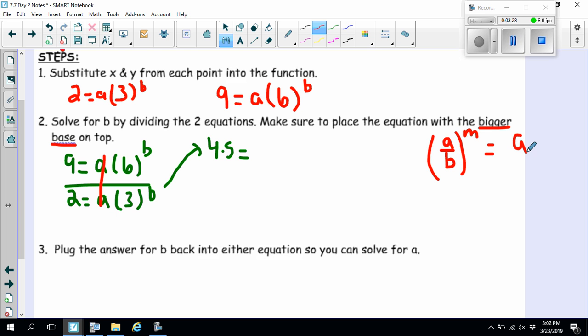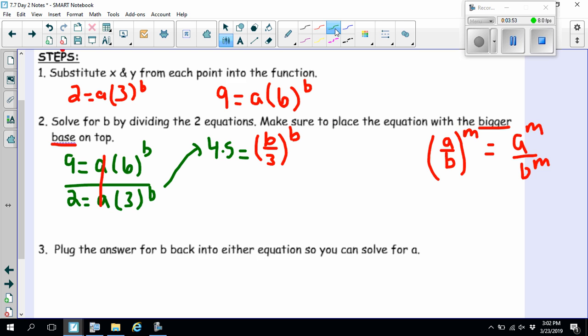So we have a to the m over b to the m. So this is the situation we have right now. We're just reversing it. So what we can do now is place 6 over 3, make it one fraction, and then both of them are being taken to the b power.